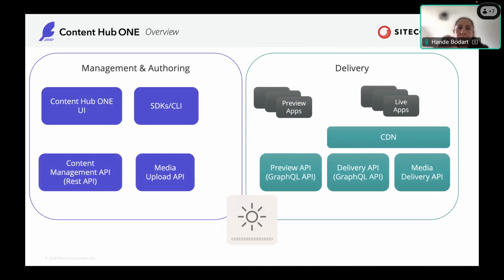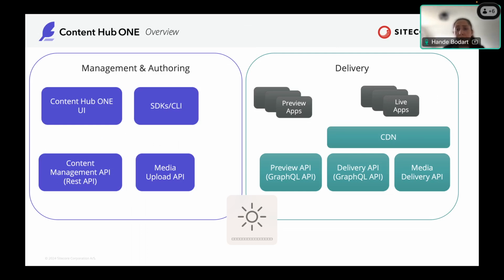So in a nutshell, Content Hub One as a headless CMS consists of, I would say, two parts. One, the content management and authoring part. We have a set of APIs, what we call the content management API, to define the content types and the basic structures, which is a REST API together with a media upload API, which you can use either directly or through SDKs and CLIs or the Content Hub One UI.